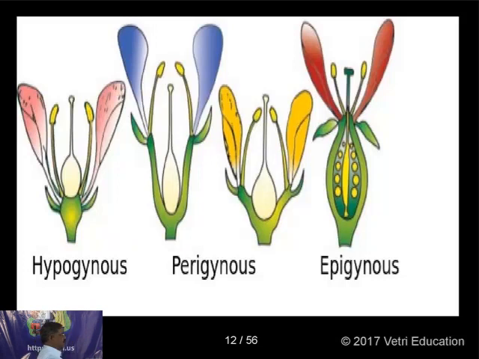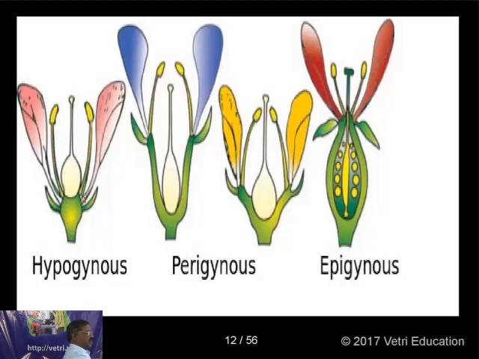Now you see the diagram of the different types. The first one, hypogynous: the gynoecium is in the topmost position and the remaining floral parts are found below the gynoecium. In the second one, the thalamus is closed around the gynoecium, the gynoecium is found below and the floral parts are found above it.